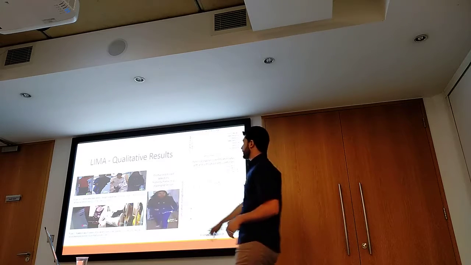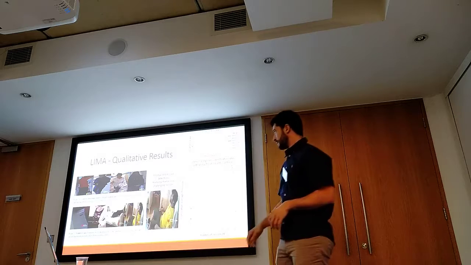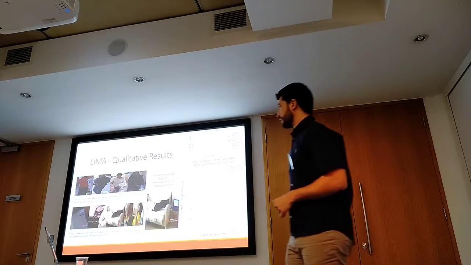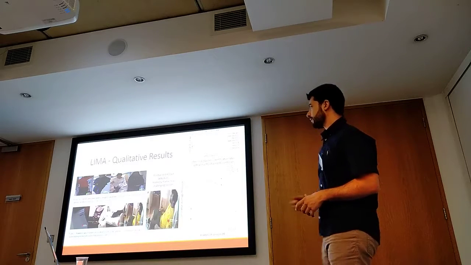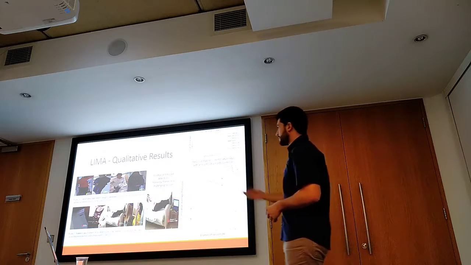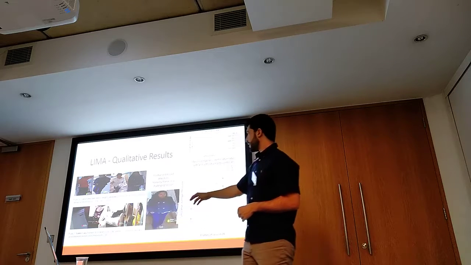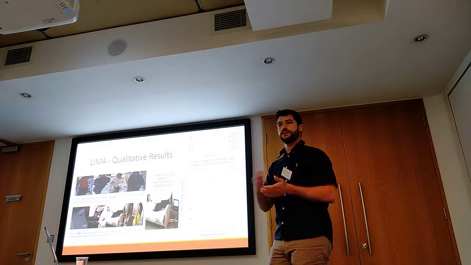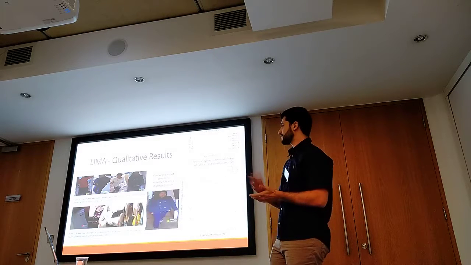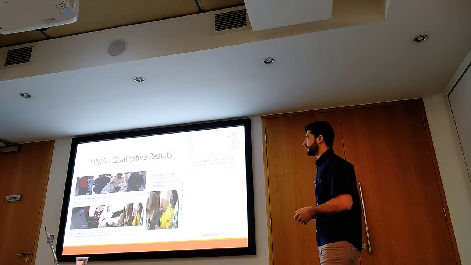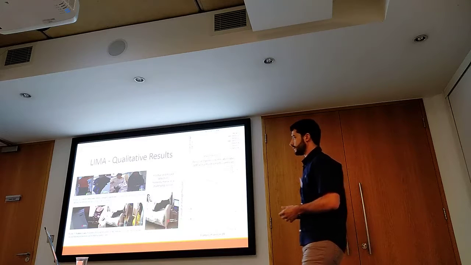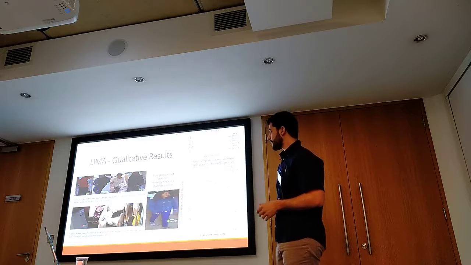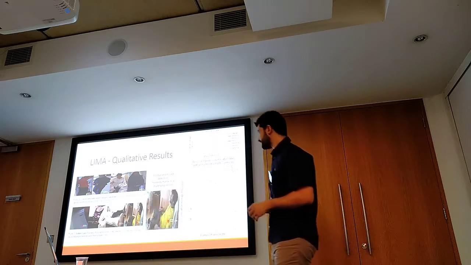And in the other figures on the left, we can see some correct detections and failure cases. Correct detections are in cases where we have changes in clothes, so people are changing their clothes in different parts of the same session.